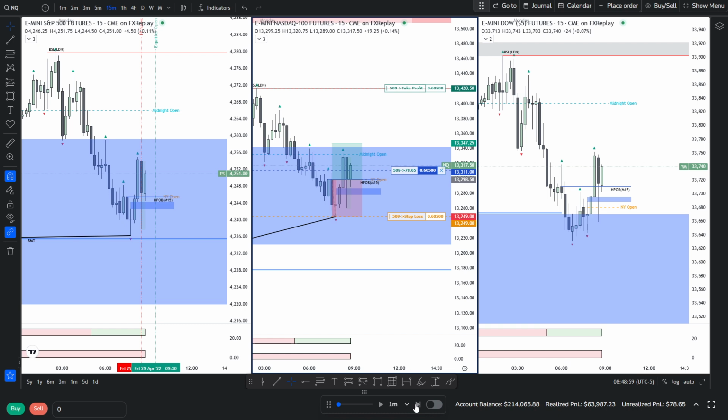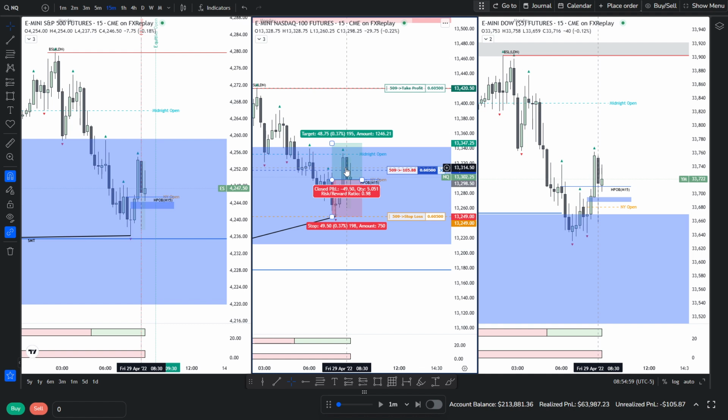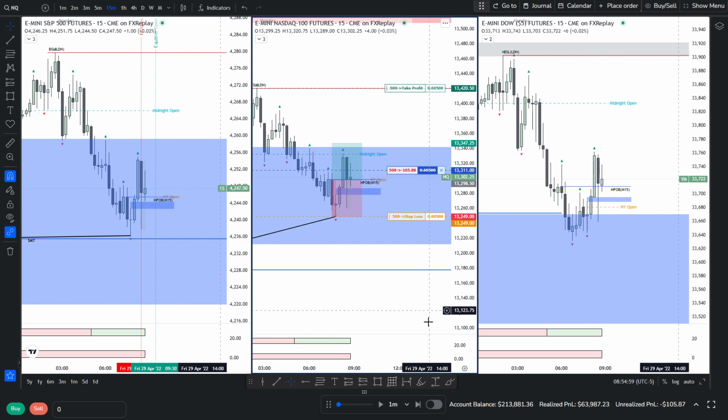So the market is kind of responding positively, but we'd want to see a move higher, and we're not. So what's happened here?